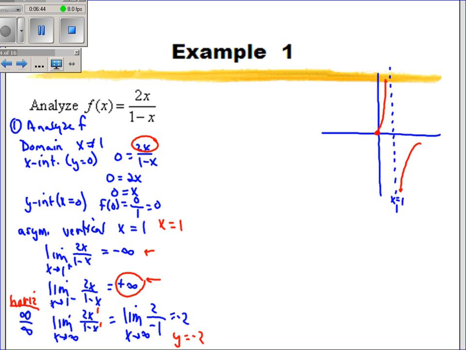Now, the horizontal asymptote's at -2. I need to get that on my graph also. So I kind of drew this a little too tall here because it's going to be approaching -2. So I've got 1, 2. This is what it's going to approach on the ends. Okay, so now the graph looks like I'm going to have a piece of it down here.